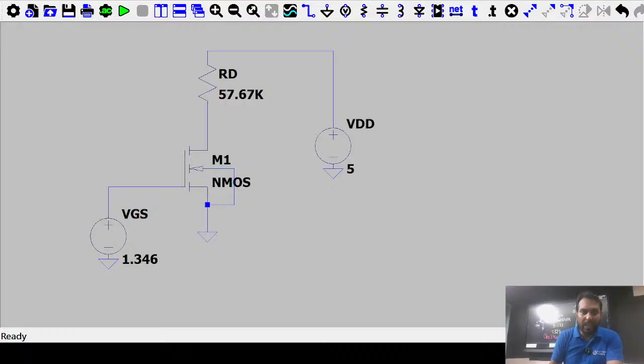You can change the name also if you want. You can put NMOS 1 or NMOS 2, NMOS 3. You can change the name, or you can give the name NMOS A, NMOS B as per your requirement.